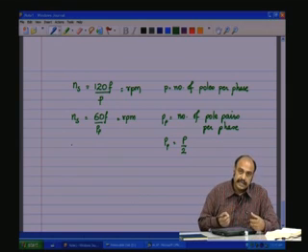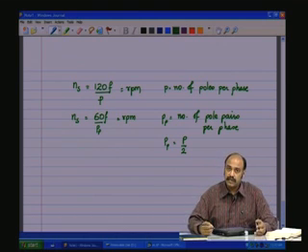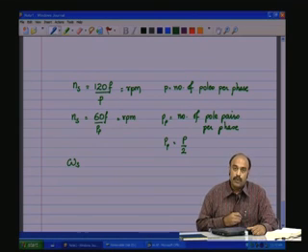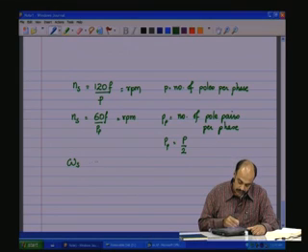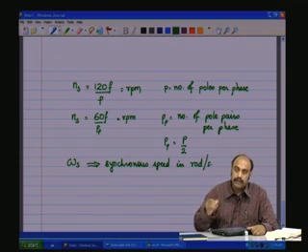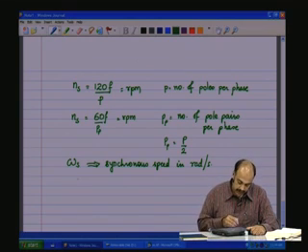Now the synchronous speed is also expressed in radians per second, because radians per second is the SI system of units, so you should know how it is converted. So in the SI system, synchronous speed is given as omega s, the synchronous speed in radians per second.